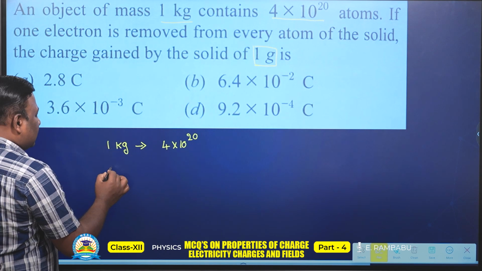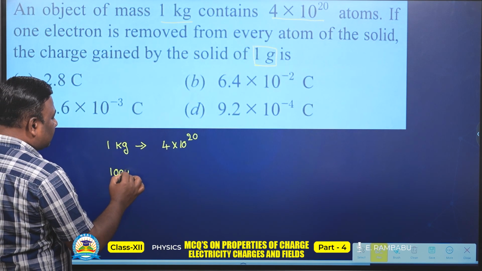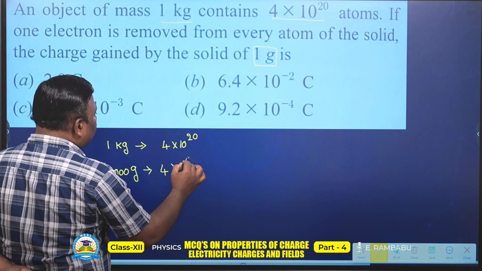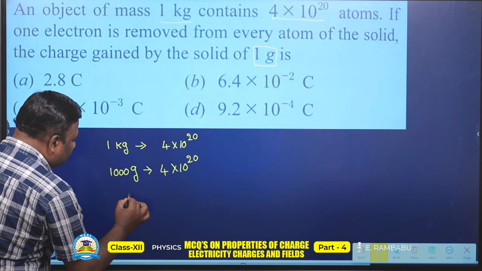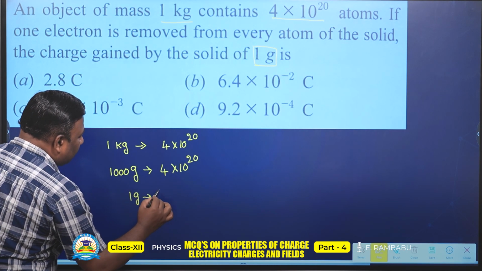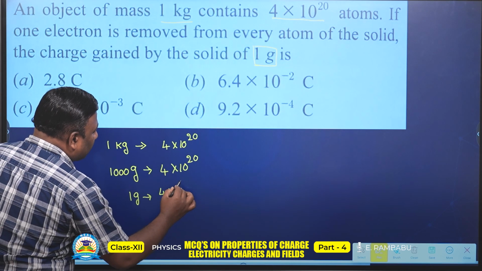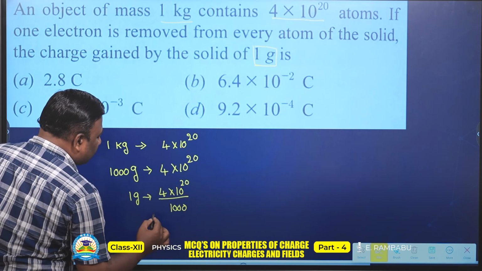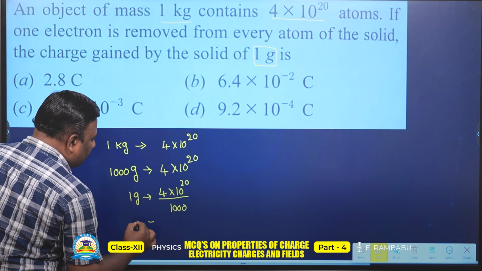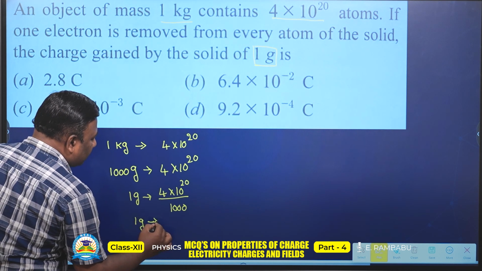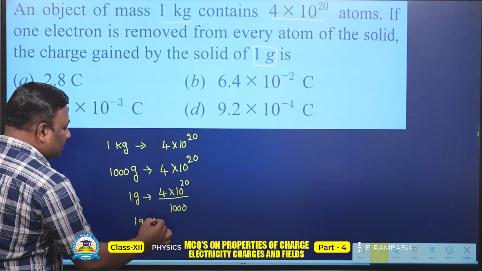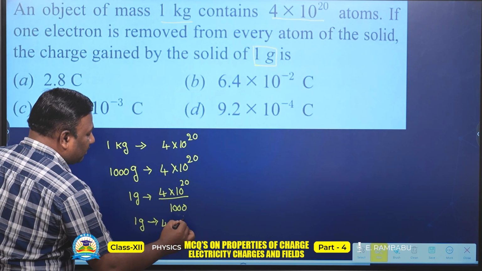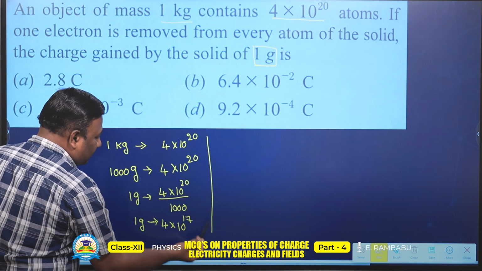Now 1 kg is nothing but 1000 grams. 1000 grams have 4 into 10 to the power 20 atoms. From this, 1 gram has 4 into 10 to the power 20 divided by 1000. So 1 gram of the substance has 4 into 10 to the power 17 atoms.